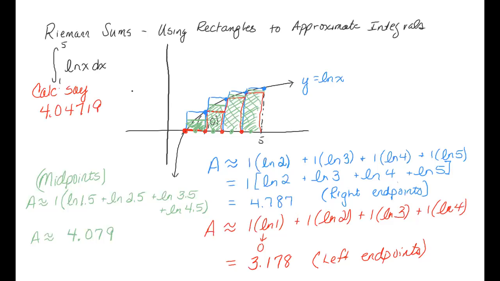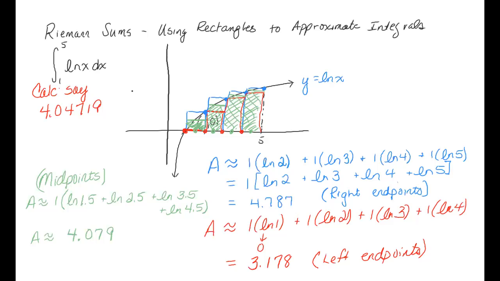So midpoint or rectangles are just one way to do an approximation. And it's usually pretty straightforward. We can use left endpoints, right endpoints, or midpoints. Okay. So that's the rectangle approach.